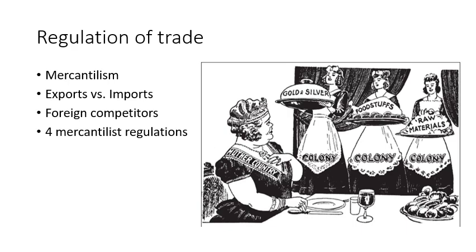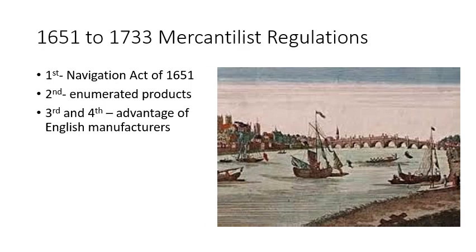We're going to see that between 1651 and 1733, Parliament is going to pass 4 different types of mercantilist regulations to really put this policy into action. The first of these mercantilist regulations is the Navigation Act of 1651.